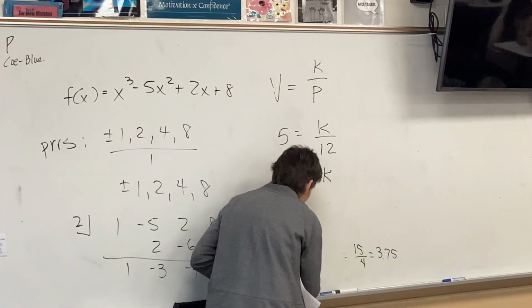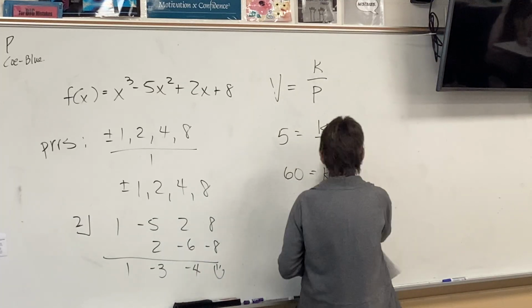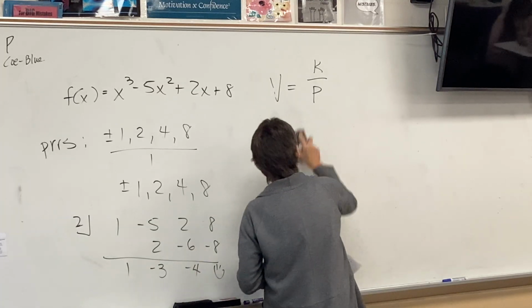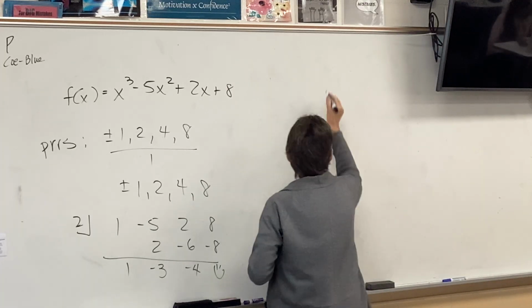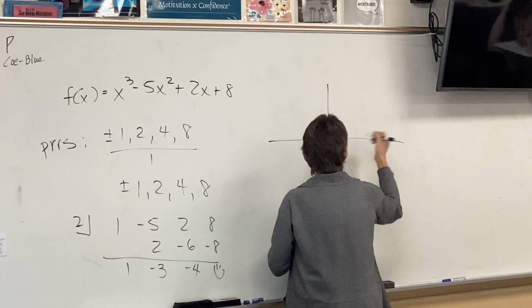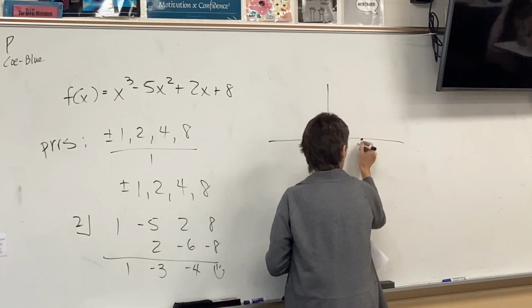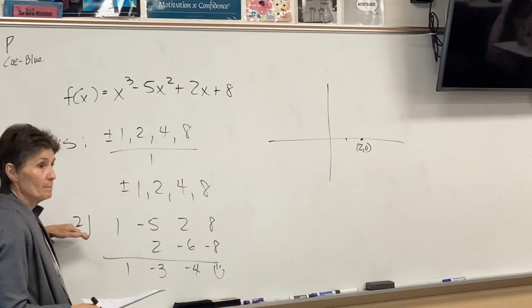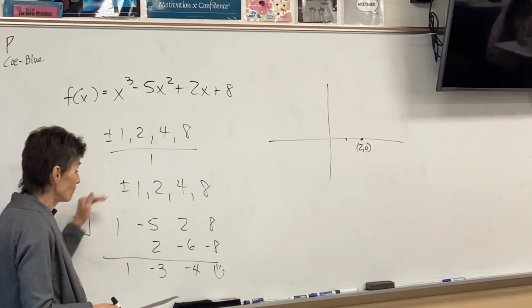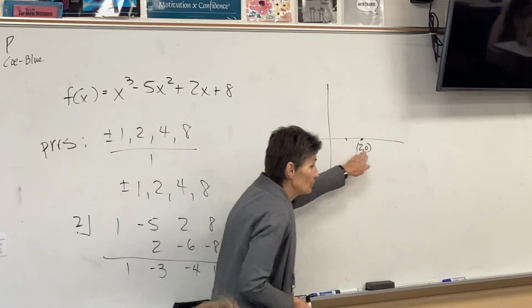So the fact that you picked a winner means that you can put a dot on your number line right now. So we're gonna put a dot on our x-axis, I should say, at 2. Why am I putting a dot at 2? Because 2 gave me 0.